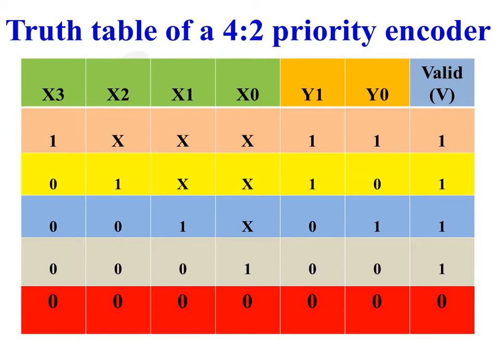In the first row, when x3 is equal to 1, irrespective of the logic values at the other 3 input lines, y1 is equal to 1, y0 is equal to 1, and valid is also equal to 1. And if none of the 4 input lines are high, then y1 is equal to y0 is equal to 0, and valid output is also equal to 0, as shown in the last row of the truth table.